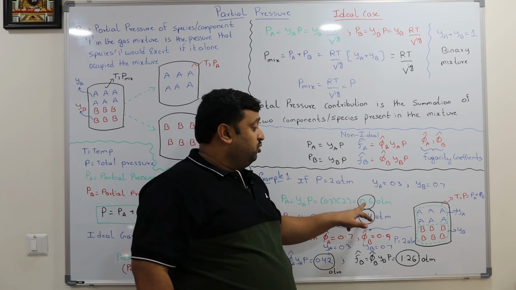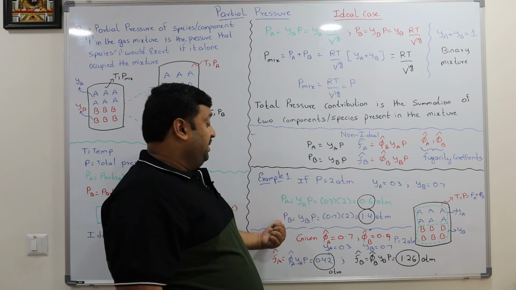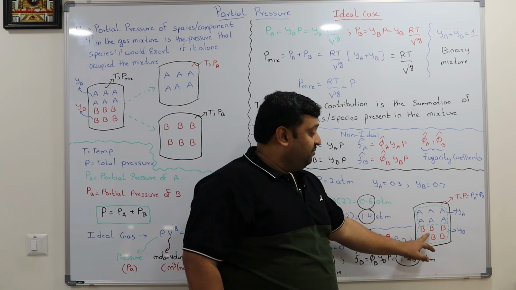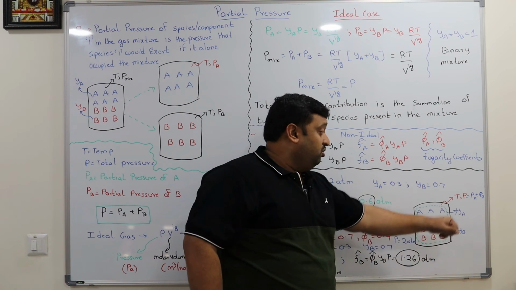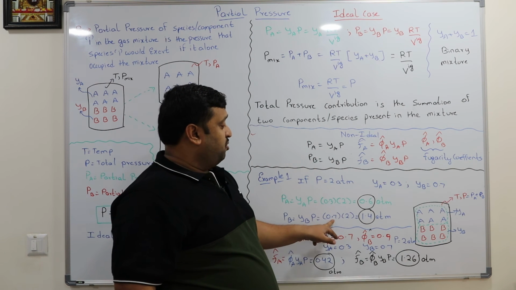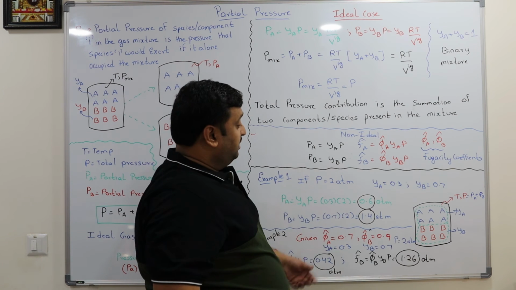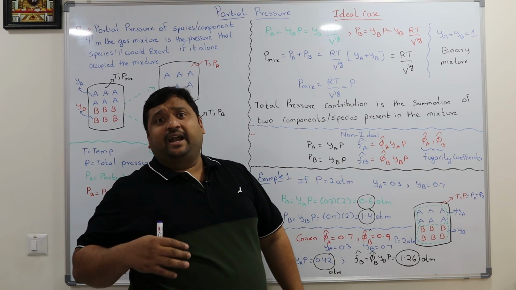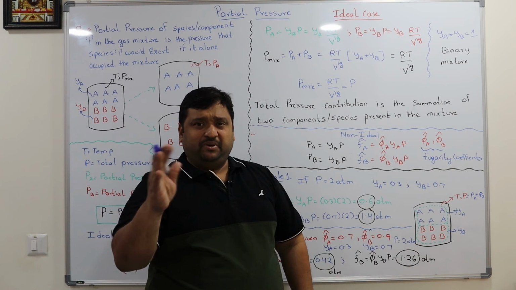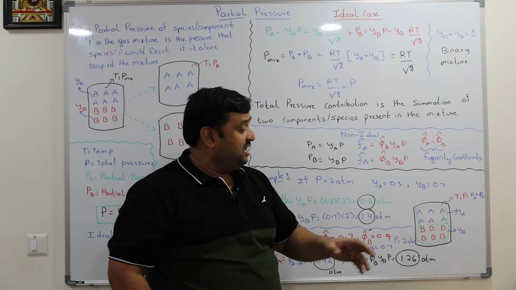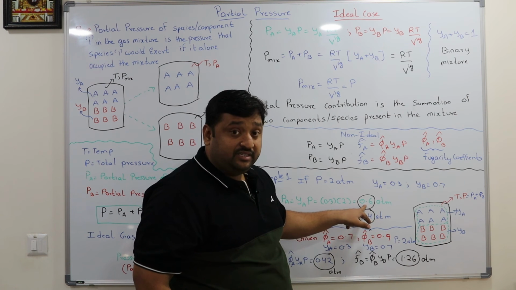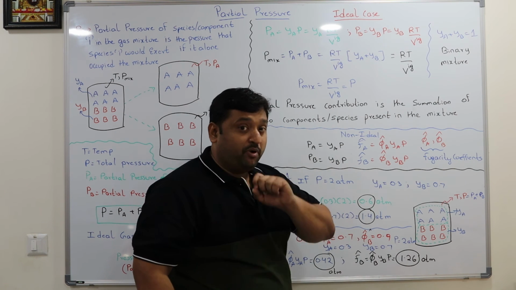So 0.3 into 2, 0.6 atmosphere. Pb is the mole fraction of B in this mixture into the total pressure, which is 0.7 into 2, 1.4 atmospheres. Mark these numbers. That means in ideal cases, if we are targeting any reaction or separation in thermodynamics, the driving force for A is 0.6 and the driving force for B is 1.4.